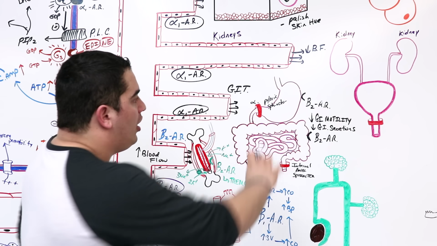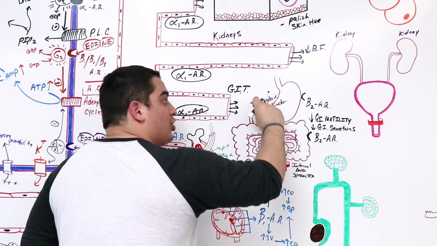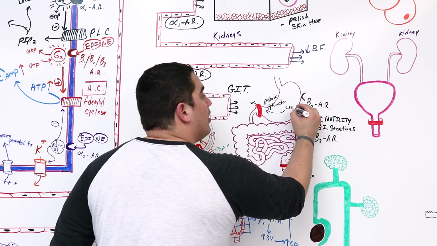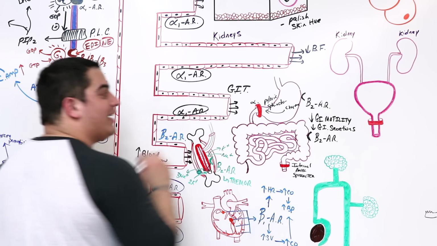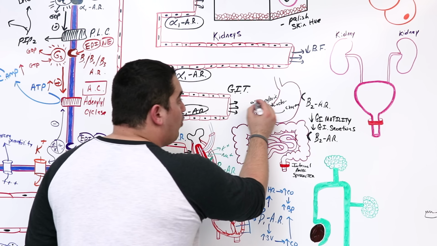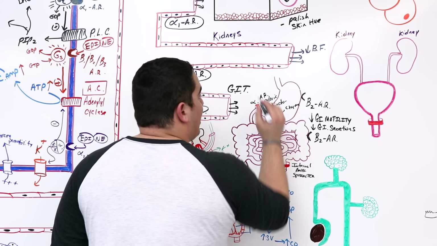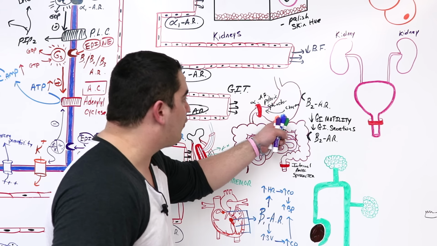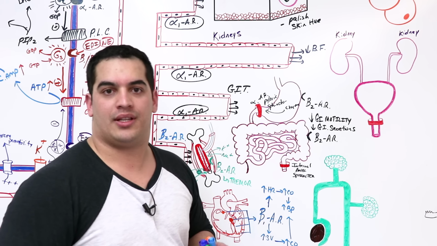So in this one, the pyloric sphincter, it constricts because it wants to prevent the movement of chyme out of the stomach and into the small intestine. That's the purpose here for the pyloric sphincter. We want this to contract so that we can prevent the movement of the food. We don't want the food to go from the stomach into the small intestine.